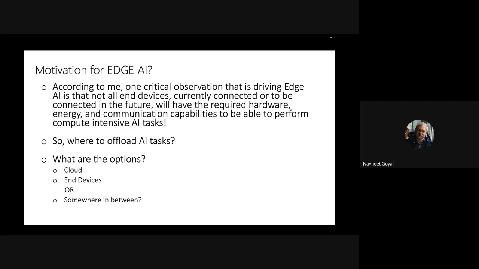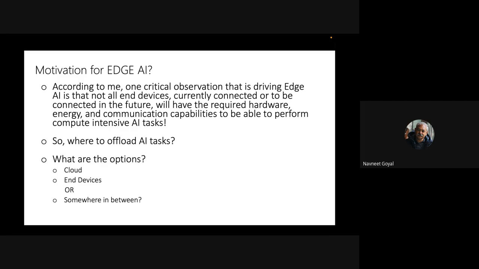So where to offload AI tasks? This is the main question that we need to ask. When I say devices, basically I mean the ones that are generating the data, the data sources. So where to offload these tasks? For this, we need to look at what the options are.